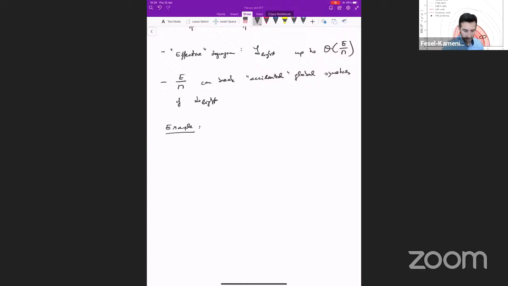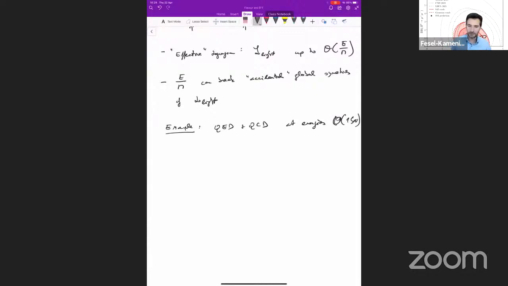So what is this theory? Well, this theory is basically just QED plus QCD at energies of the order of 1 GeV.